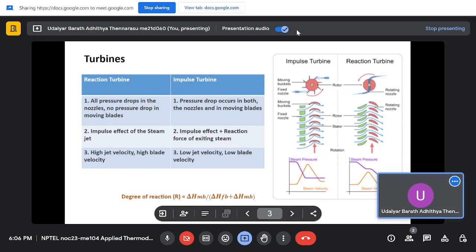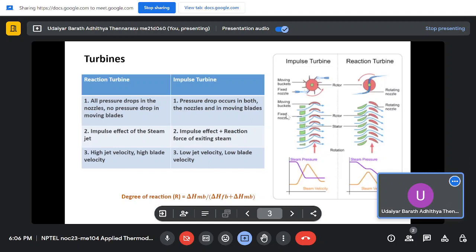What happens? This high pressure steam passes through the nozzle. If you see at the bottom part of the impulse turbine, the green part is shown as the fixed nozzle, and this red curved part are the blades of the turbine.